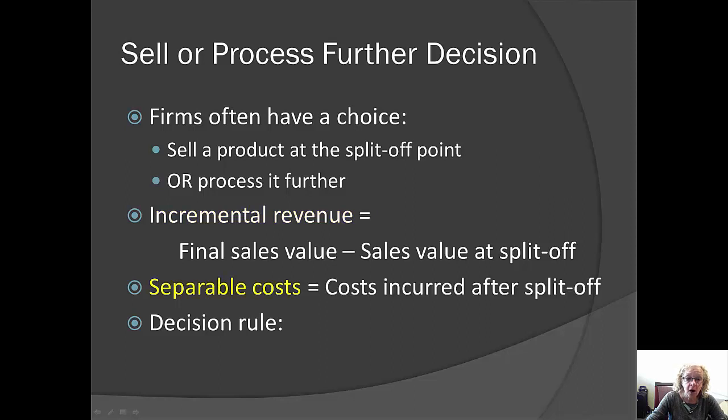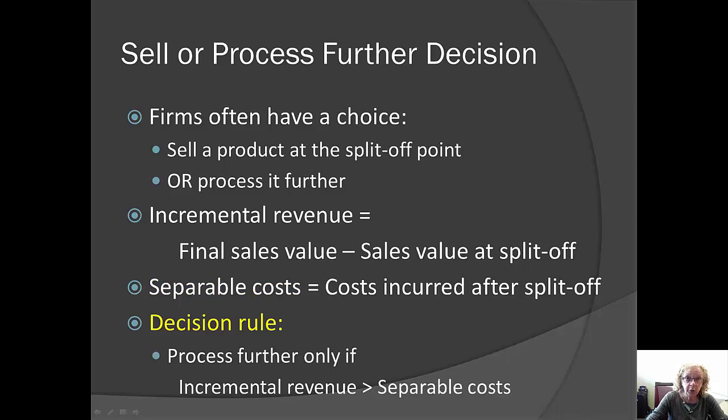Separable costs are the costs that are incurred between the split-off point and the final product. And the basic decision rule is only to process our products further if the incremental revenue that we get is bigger than the separable costs that we incur.